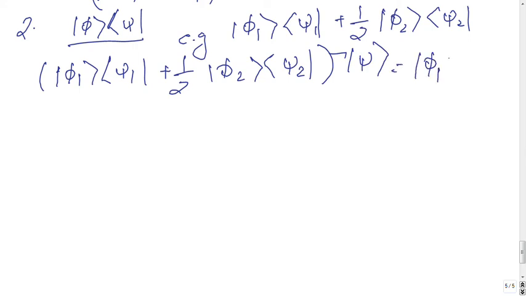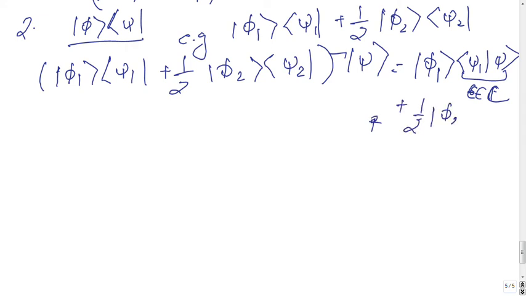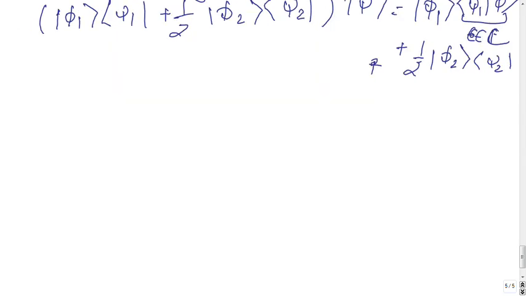This would become phi 1 xi 1 xi, this is a complex number, plus half phi 2 xi 2 xi, which is again a complex number.